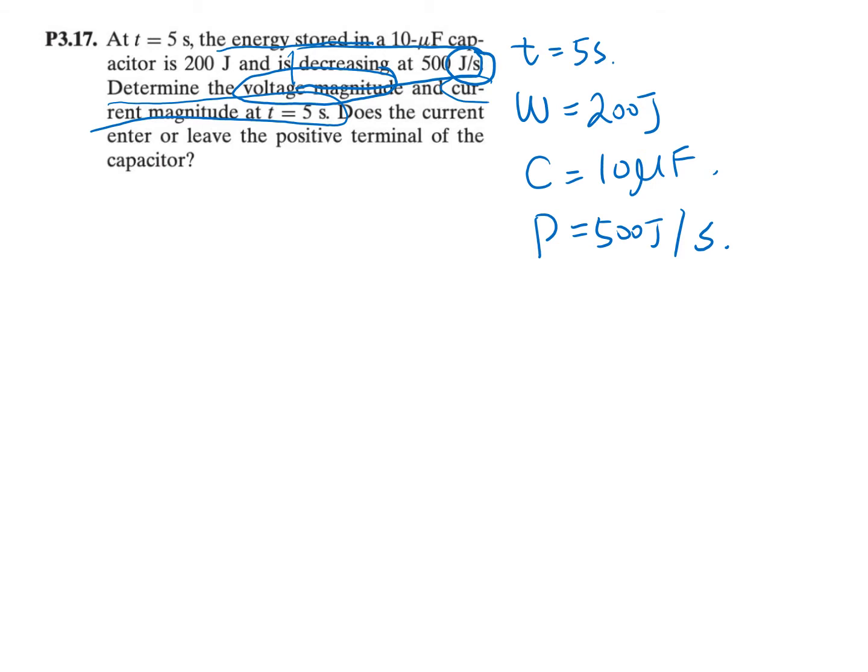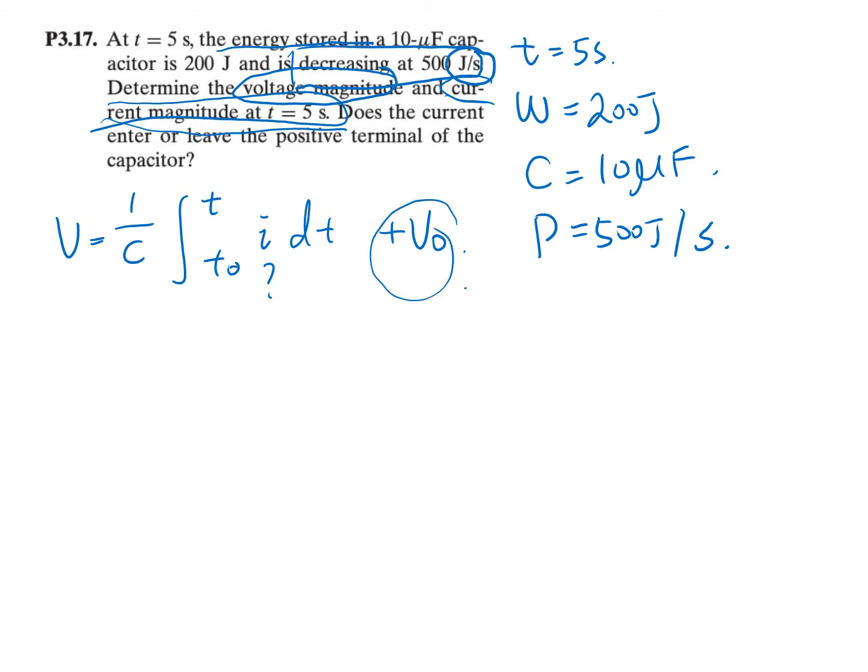The first formula is V is equal to 1 over C, and take the integral from t0 to t of I dt plus V0. Well, if we use this formula, we don't know the current, and the current is also something we need to find out. And we also don't know V0. So we cannot use this formula in this case.